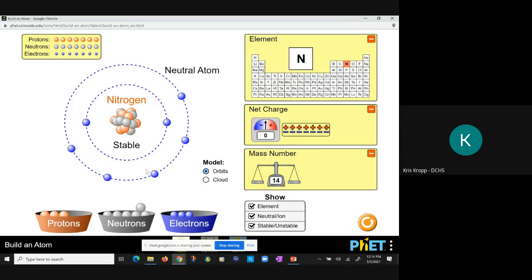Now nitrogen, on the other hand, as we move to atomic number 7 here, element nitrogen. The second energy level, and I'm going to say this as a general statement, most elements on the periodic table tend to want to have 8 valence electrons. Remember, that was one of our vocab words yesterday.